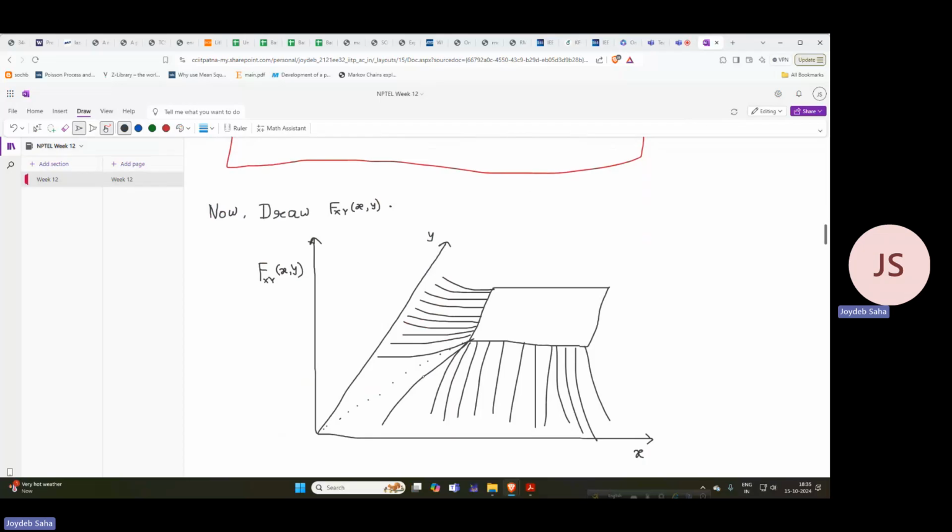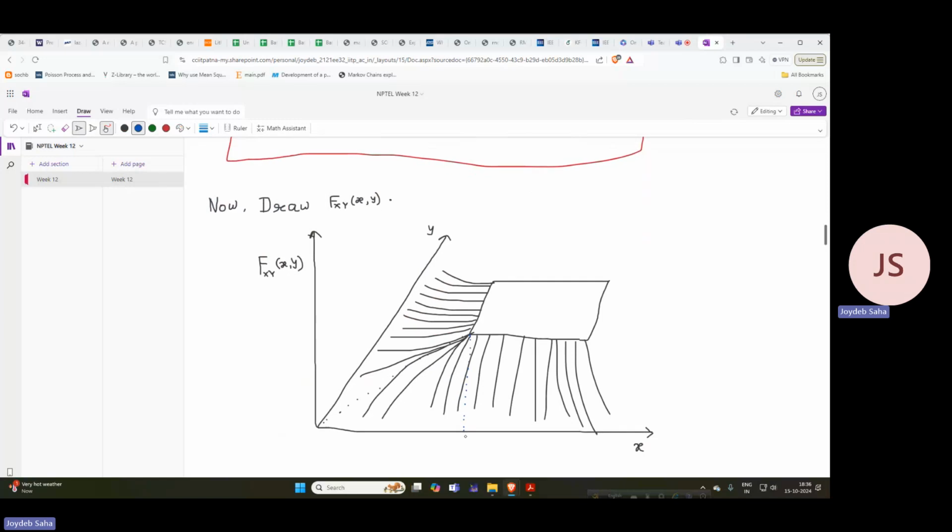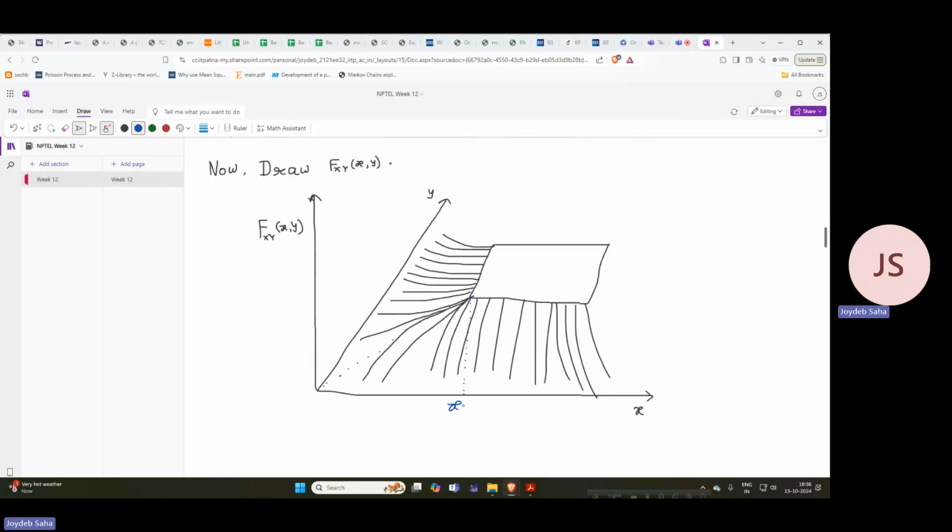Okay, this type. Here also these are like this. And what is the value of x? If this is the point, then here x is equal to a. Okay, and this is the y point, y is equal to b.